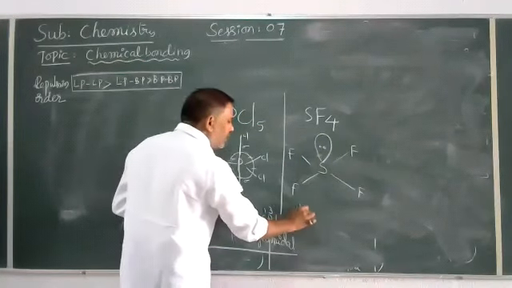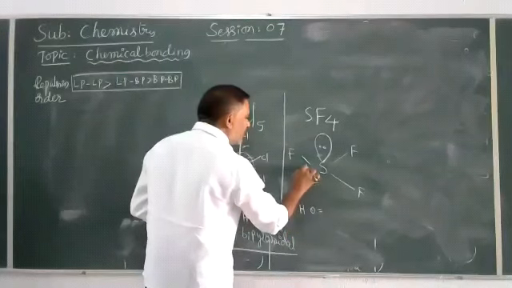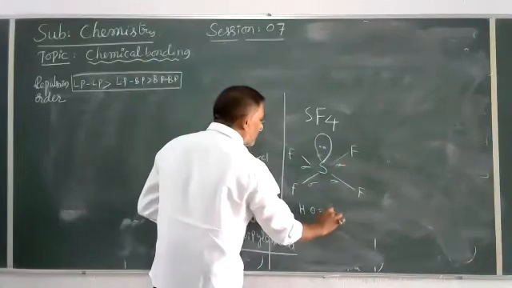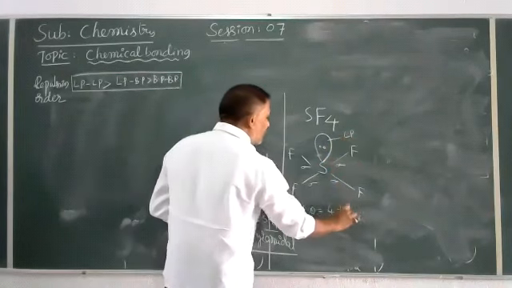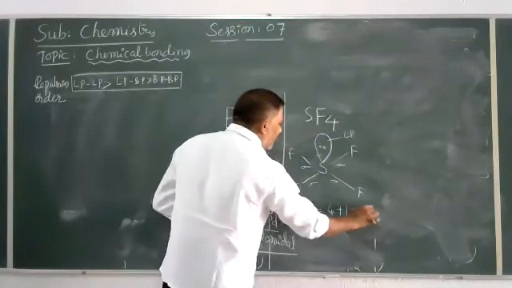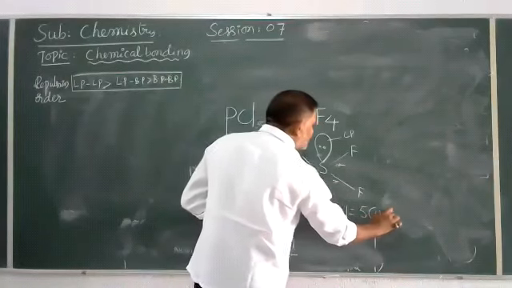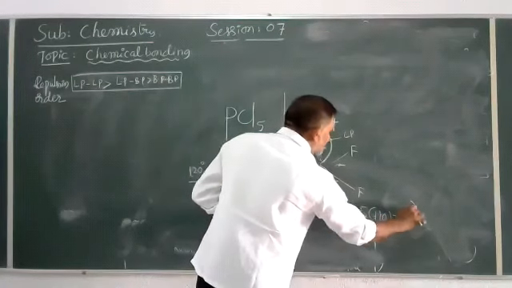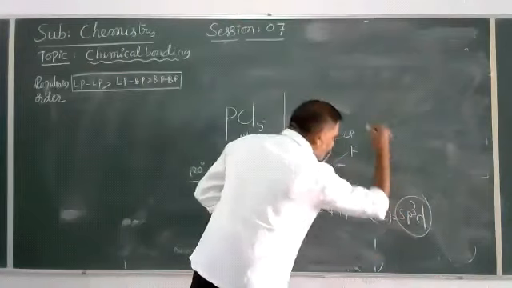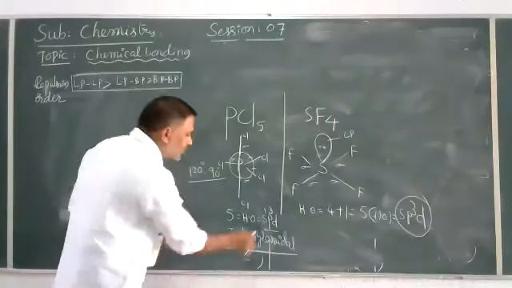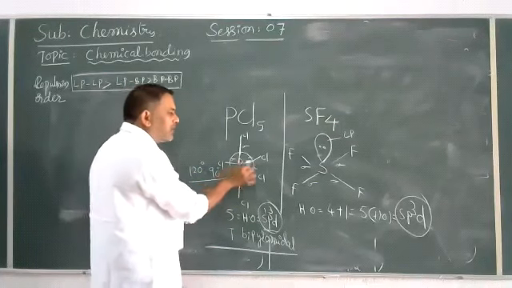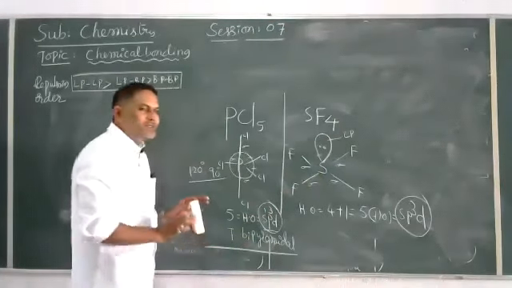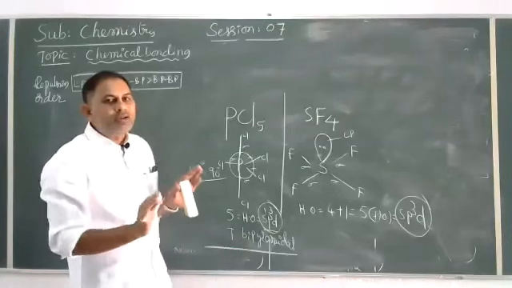So according to the hybrid orbital concept, sigma bonds are 4 and here 1 lone pair is there. 1 plus 4, 5. 5 hybrid orbitals means it is also sp3d. Here also sp3d.